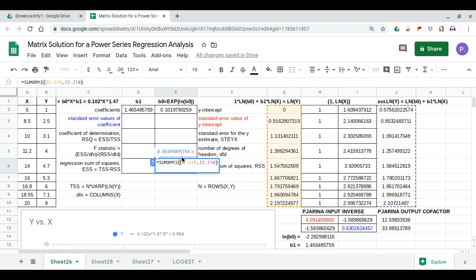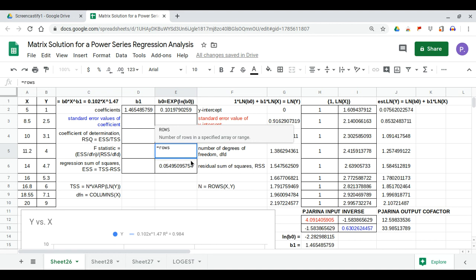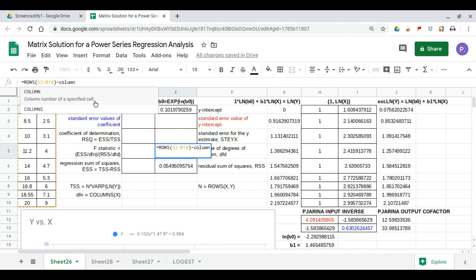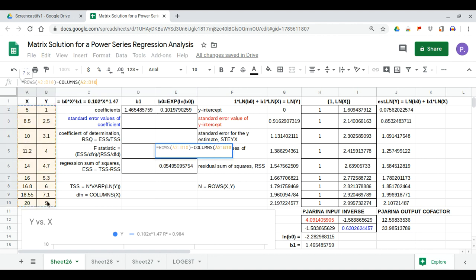Now we can calculate the degrees of freedom of the denominator, which is equal to rows of the dataset range minus columns of the dataset range, which is 7.